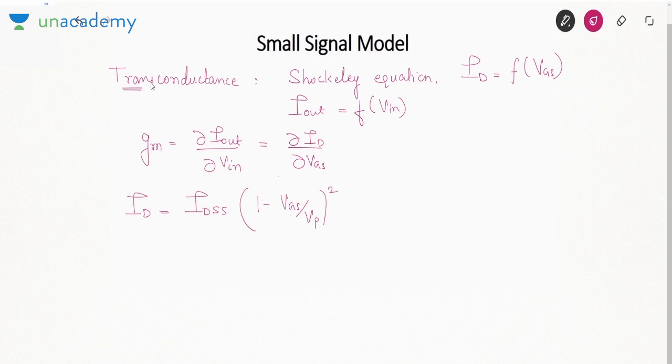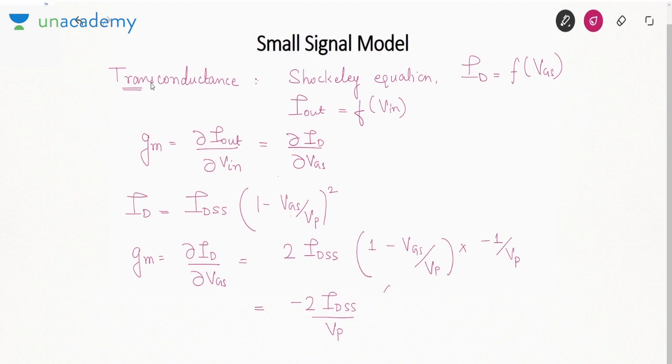Now if you want to find out the transconductance, you will differentiate this drain current with respect to VGS. So it will be 2 IDSS times (1 minus VGS by VP) into minus 1 by VP. I have just used the chain rule here to differentiate. So gm equals minus 2 IDSS by VP into (1 minus VGS over VP).